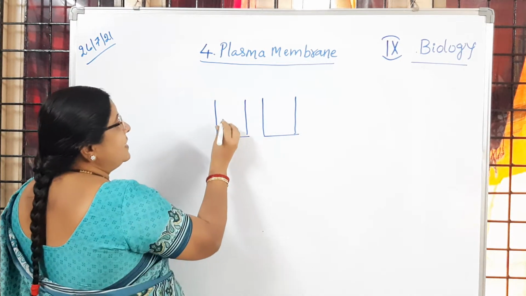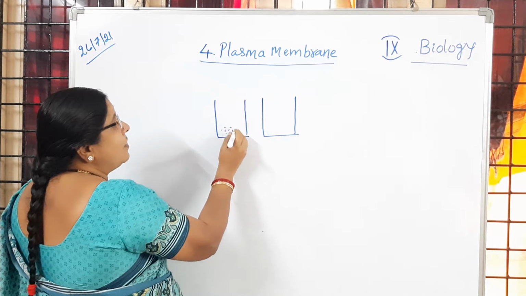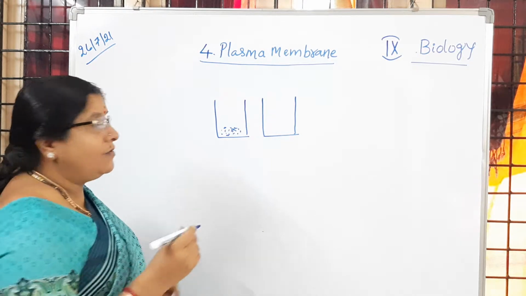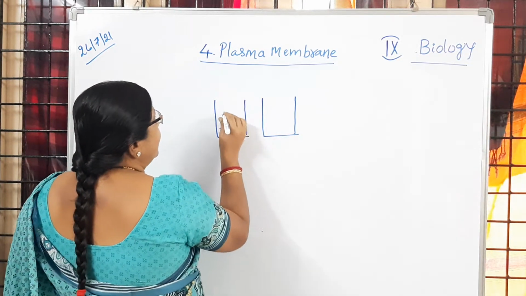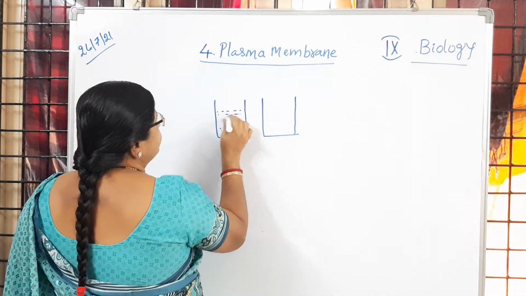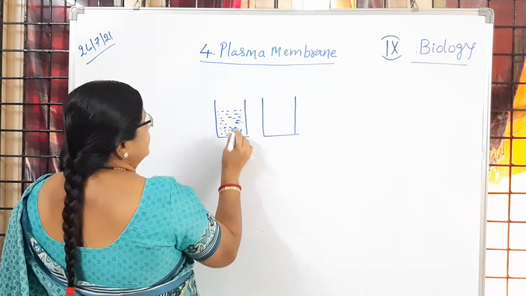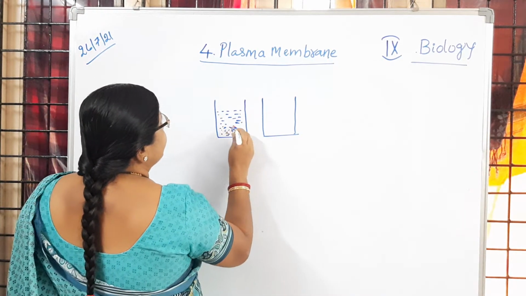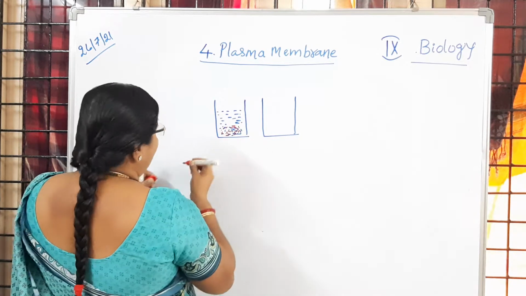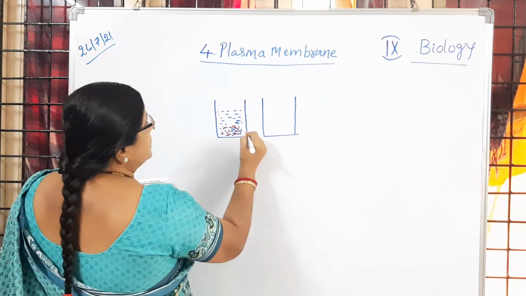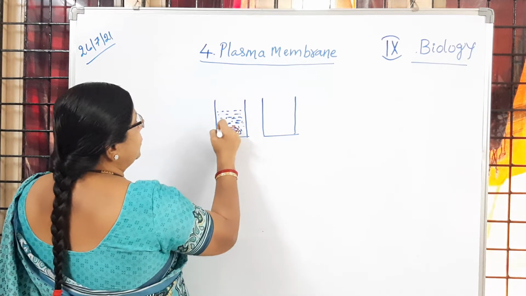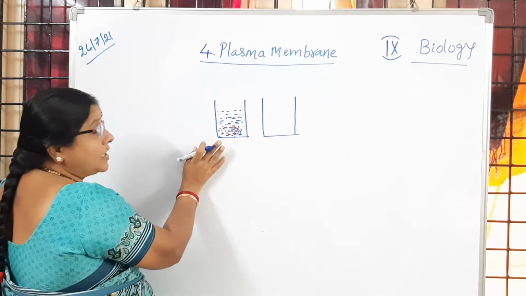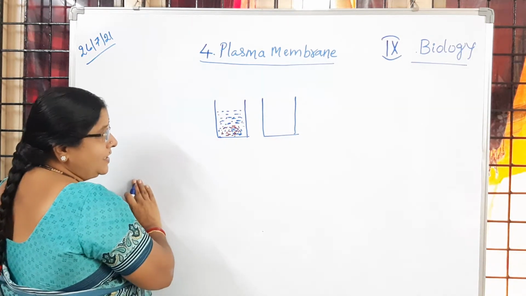In one beaker we are taking wheat or rice flour, atta we call it, and we have filled it with water. When we stir it, we get a rice flour solution or wheat flour solution.